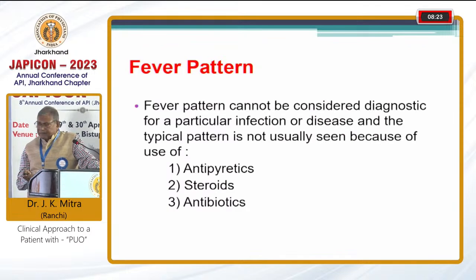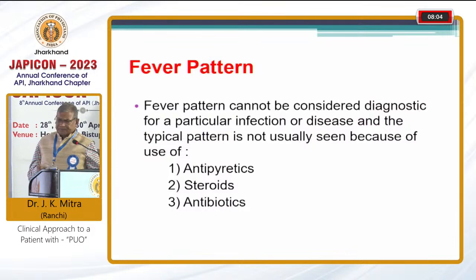The fever pattern cannot be considered diagnostic for a particular infection or disease, and the typical pattern is usually not seen many times due to the use of antipyretics. Patients take antipyretics, steroids or antibiotics. So misuse of these three drugs may not give the correct fever pattern.